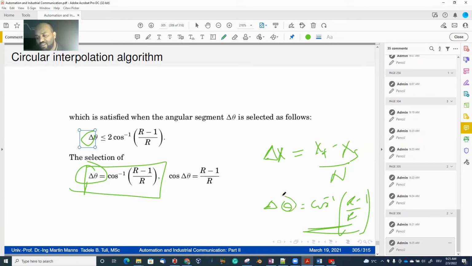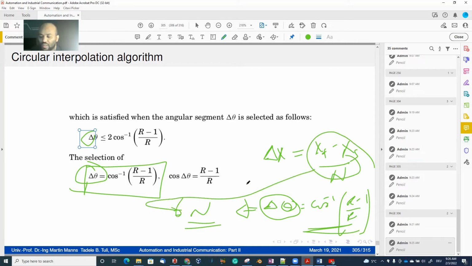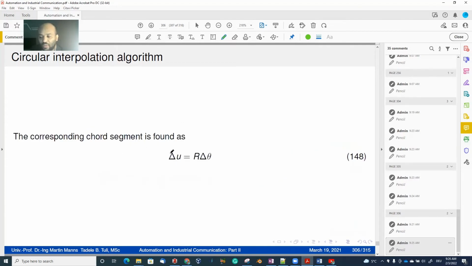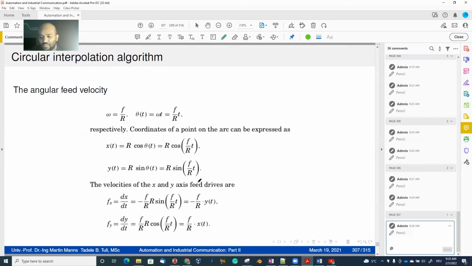Once you have this delta theta, you can calculate the number n by taking the difference again.